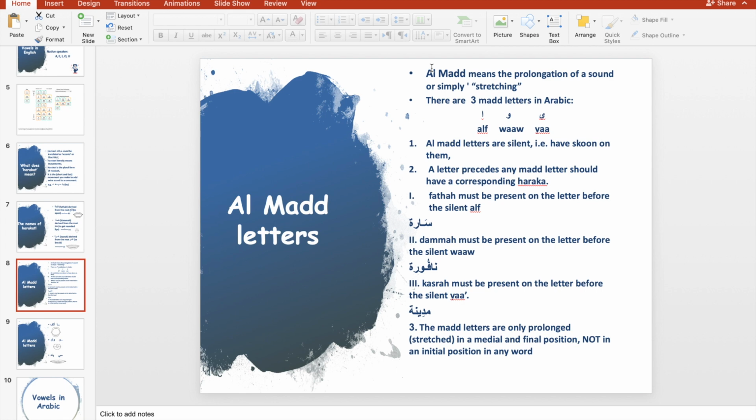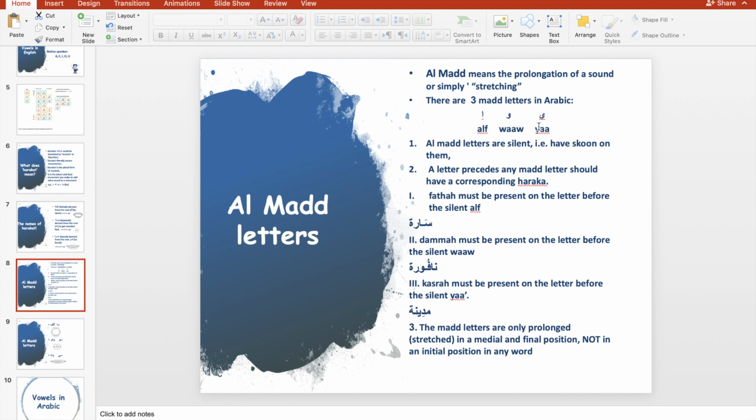As mentioned before, a grammatical term tells me what to do, and in the case of al-mad, it instructs me to stretch out a sound. It says, make it longer. There are three mad letters in Arabic: alif, waw, ya.